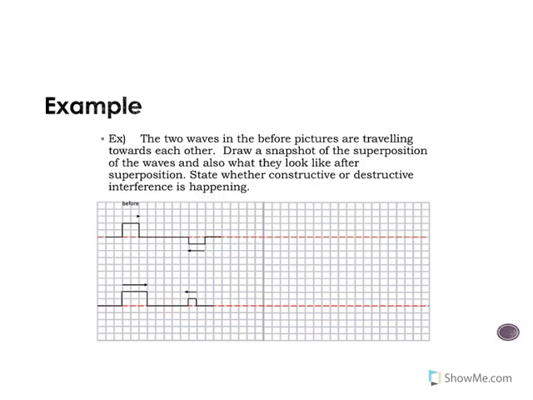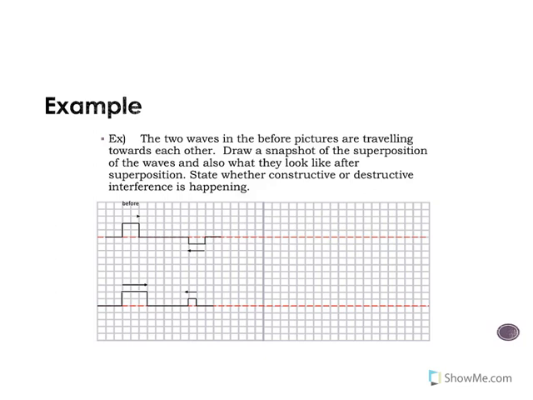For an example, the two waves in the before pictures are traveling towards each other. Draw a snapshot of the superposition of the waves and also what they look like after superposition. State whether constructive or destructive interference is happening. I will draw the snapshot of the superposition in red.